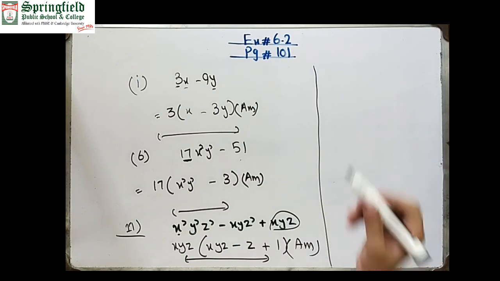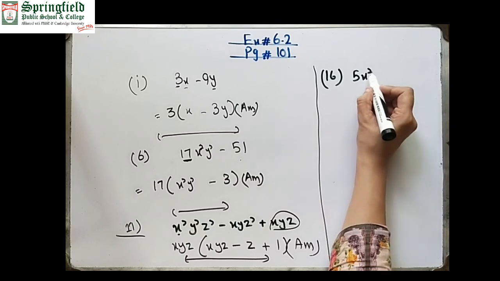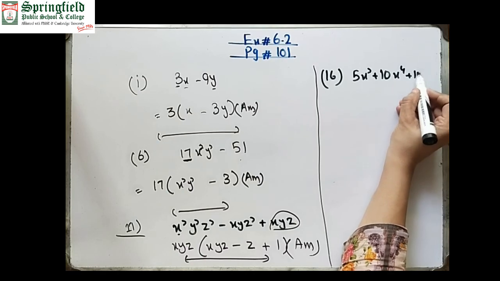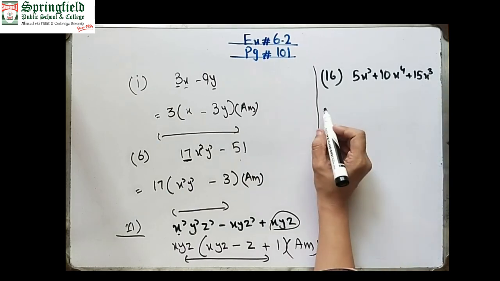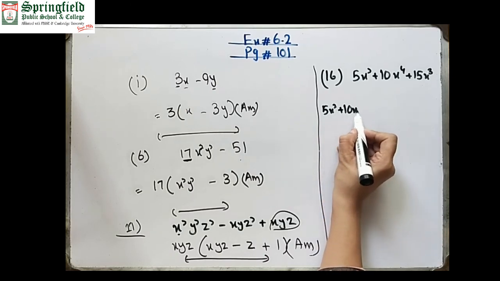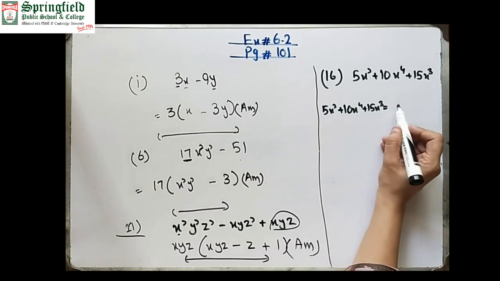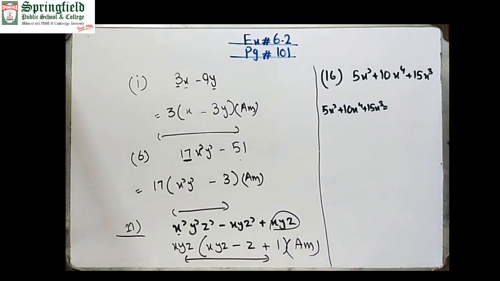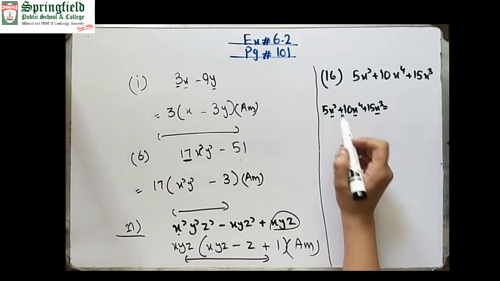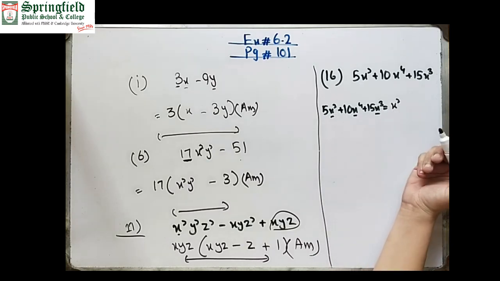The last part is 5x square plus 10x⁴ plus 15x cube. So beta, 5x square plus 10x⁴ plus 15x cube. Now the variables are the same, but look at the lowest power. The lowest power is 2. So it means we can take x square common.